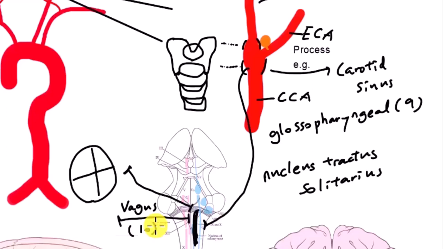Hence, for example, if we suddenly stand up from lying down, there is blood pooling to our lower limb and abdomen and drop in blood pressure and blood flow to our brain and upper body.